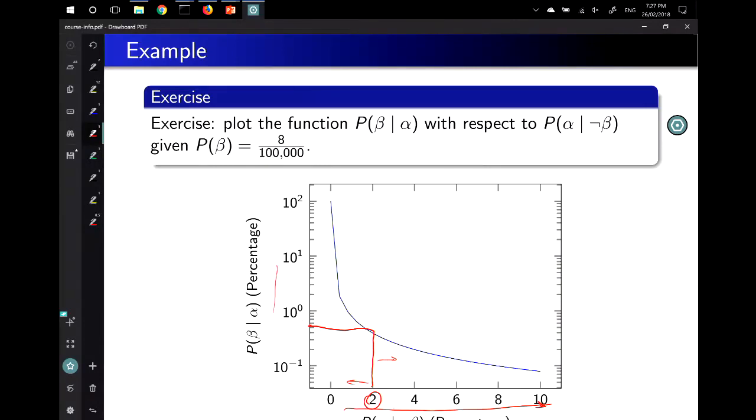Okay. So for those who are further interested, there is a related thing called the prosecutor's fallacy. In some kinds of legal systems, these are real examples where some of the prosecutors use this kind of flawed reasoning trying to convict some suspects of, let's say, murder or whatever.